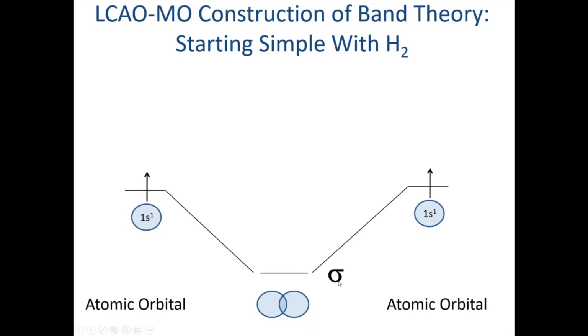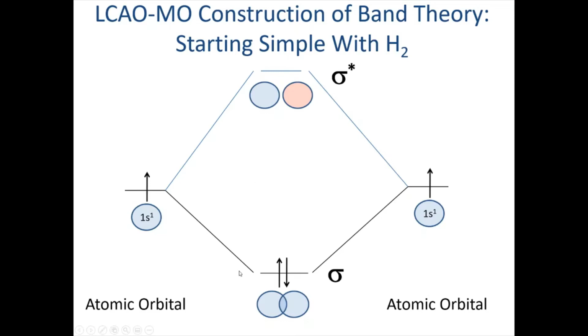We call this a sigma bond, and it's lower in energy because it puts electron density between the two nuclei. And then when we subtract the two orbitals, we get what's called an antibonding orbital, because now there's a node, meaning no electrons in between the nuclei. So you get a lot of repulsion. We call this the antibonding orbital.